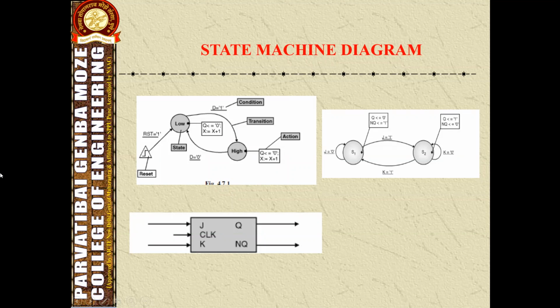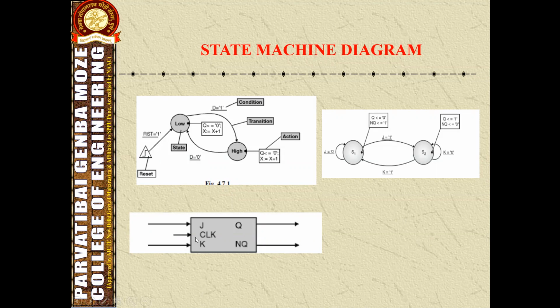Let's see one example of the state machine. The example of a simple state machine is a JK flip-flop. A JK flip-flop is a sequential device with two inputs, two outputs and one clock input. Here the figure shows the JK flip-flop, which has two inputs, two outputs and one clock input.